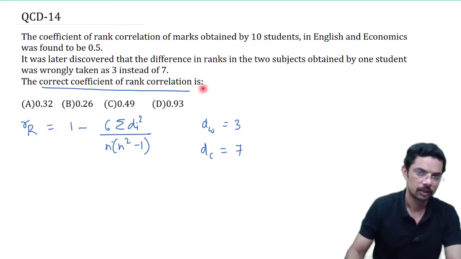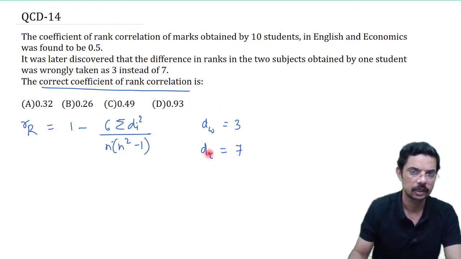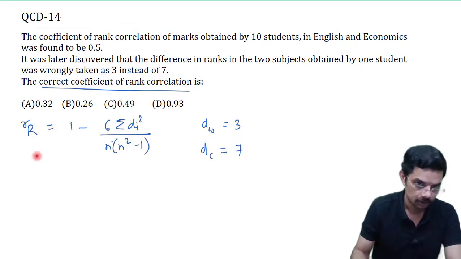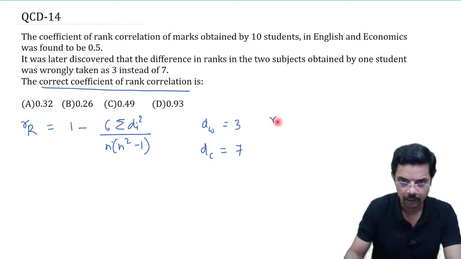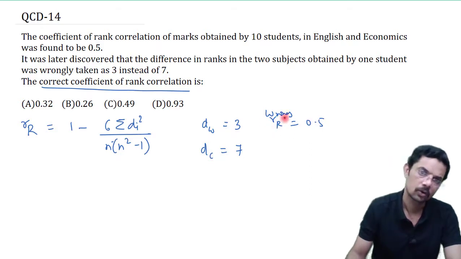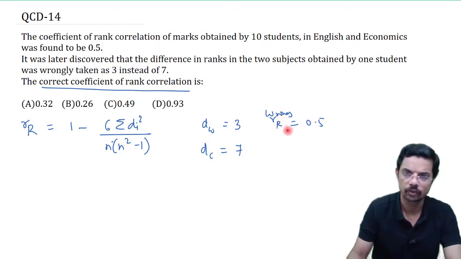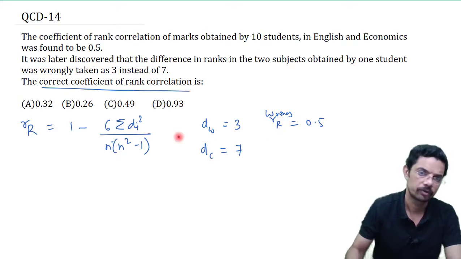Now here we have the wrong rank correlation, and that is equal to 0.5. This is known to us. The wrong rank correlation coefficient is given to us as 0.5.